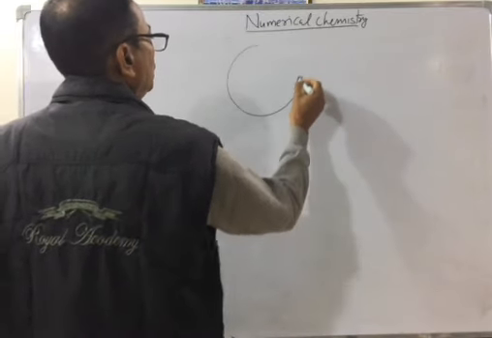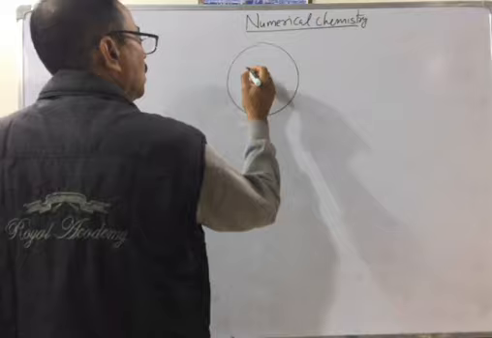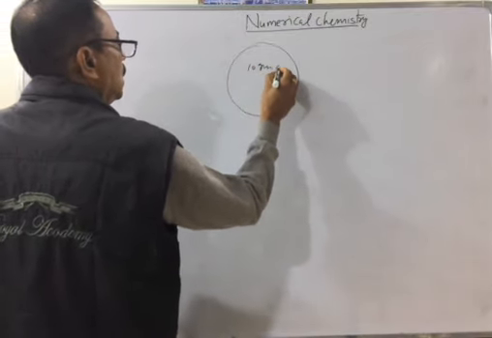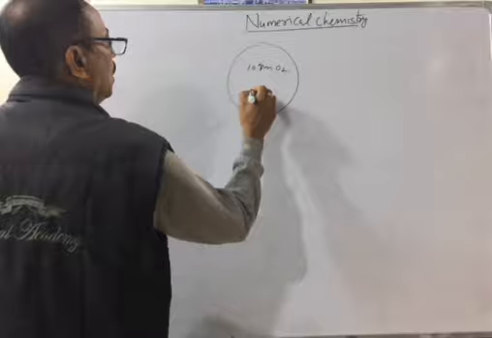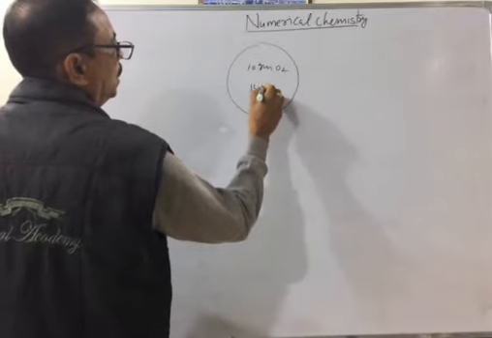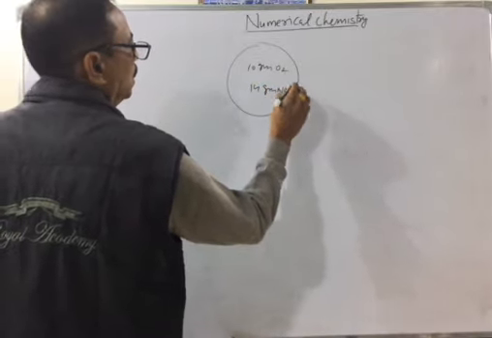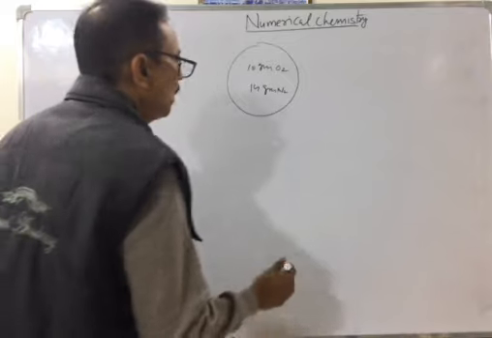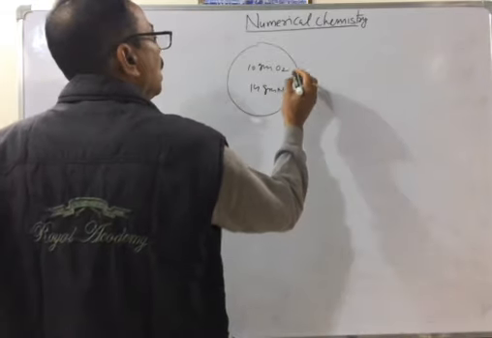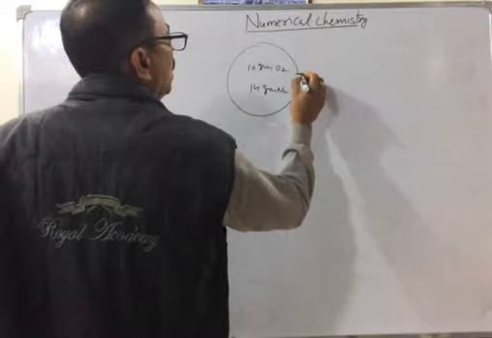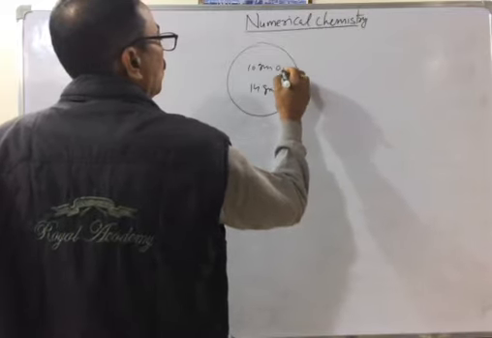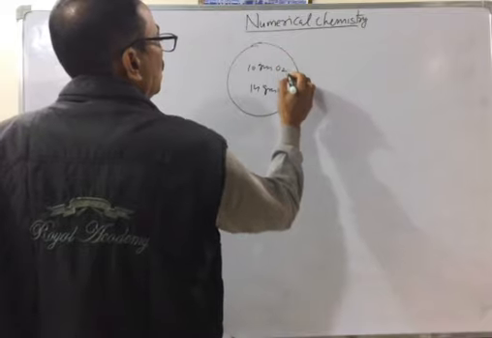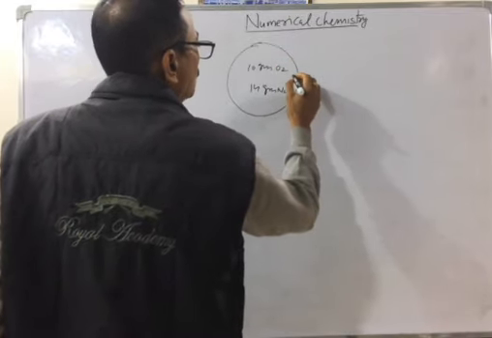In a closed vessel, 10 gram oxygen and 14 gram nitrogen are placed. There is one hole in the vessel.